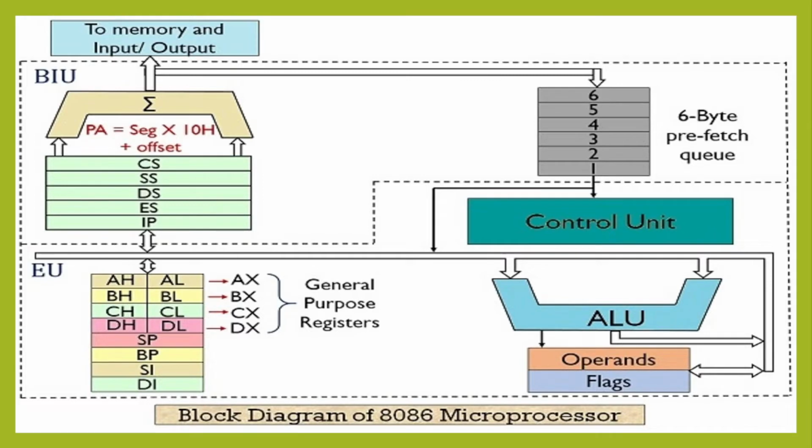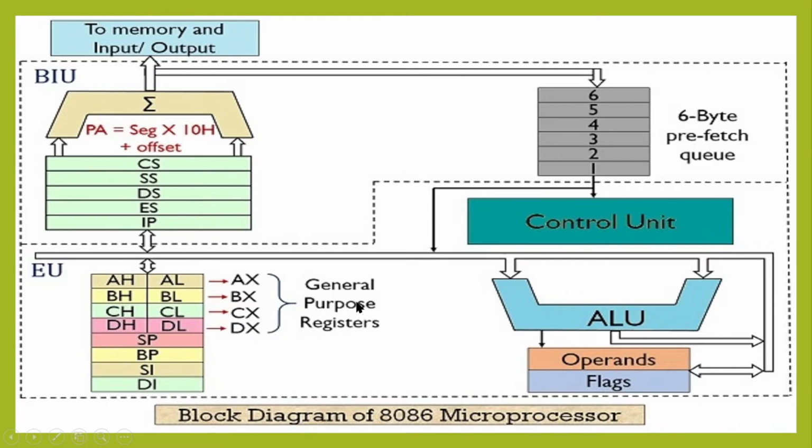For any user, we have to understand the working of that IC, and then only can we use it effectively. That's why we are learning the block diagram or architecture of the 8086 microprocessor.